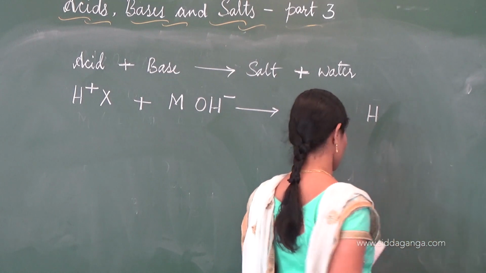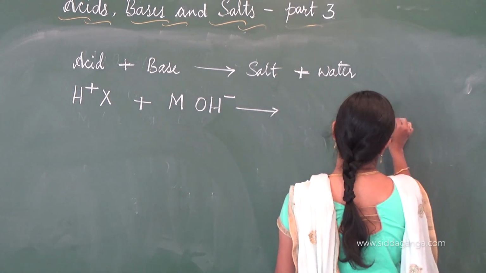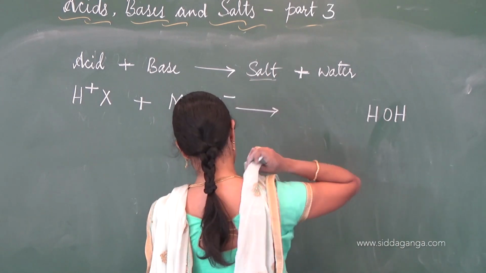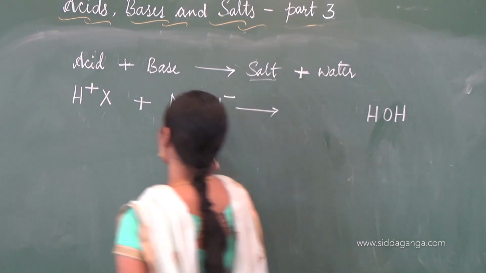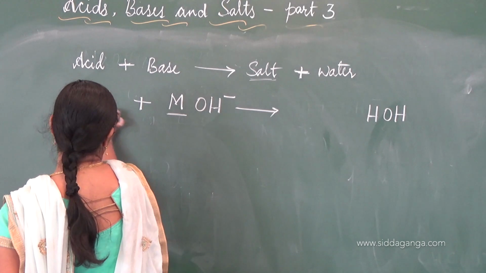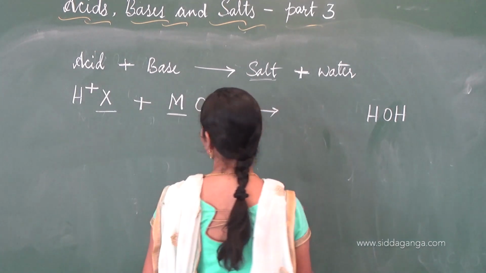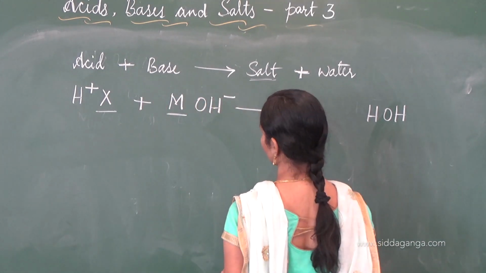We simply write it as HOH. And we also know a salt must be formed out of this, and this salt must contain ions from bases and acids.